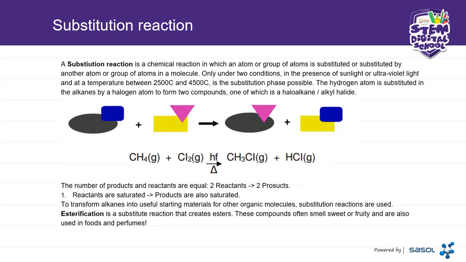Nothing was lost, nothing was minus. They just replaced each one of them. So the number of products and reactants are equal, because you're substituting, you're not removing and you're not adding. So if you have two reactants, you will have 2 products.